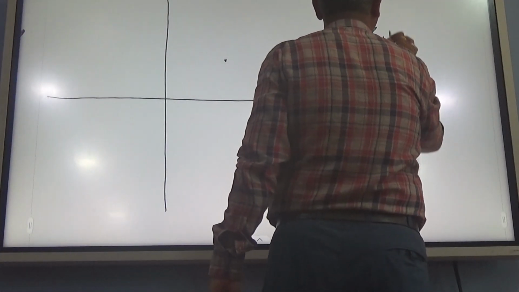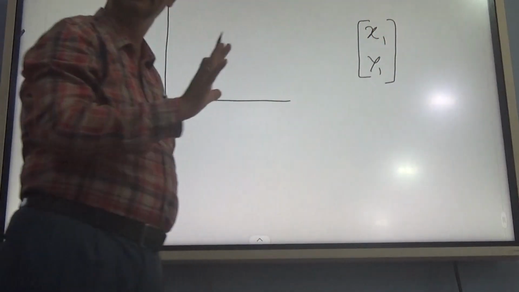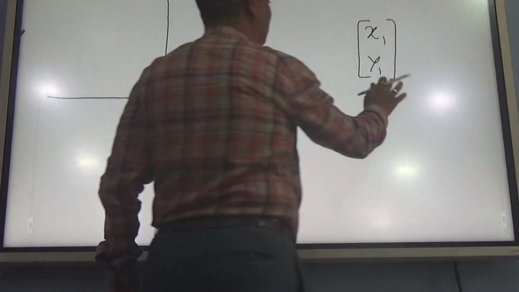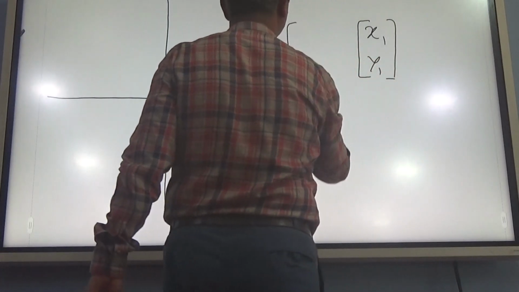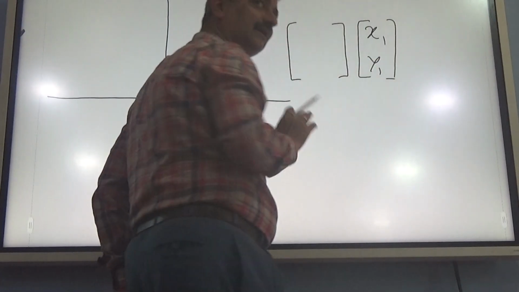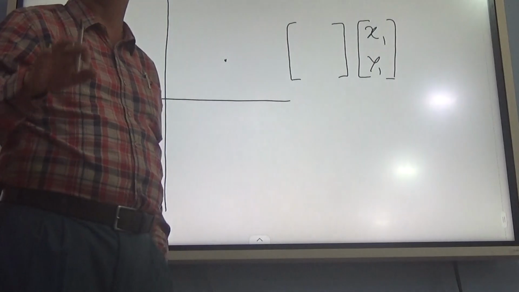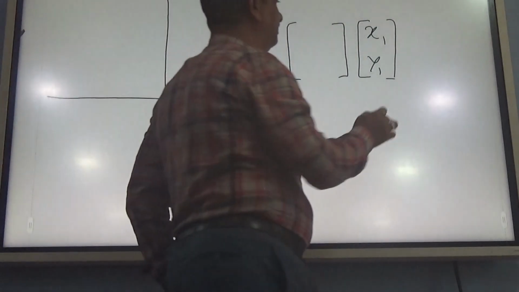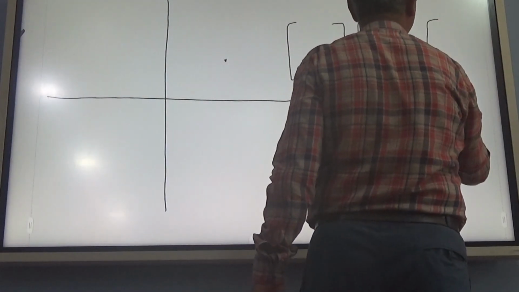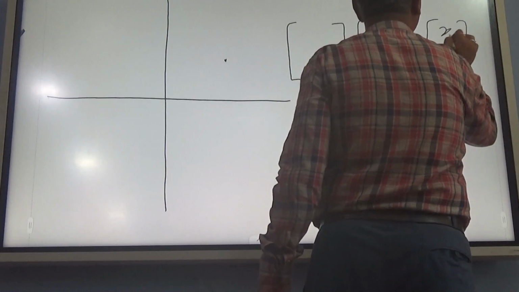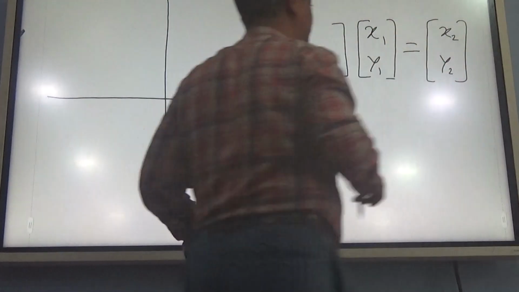So x1 y1 is a point, right? x1 is a point. There is a matrix operator, and that matrix operator operates on this, and it gives me a point x2 y2.